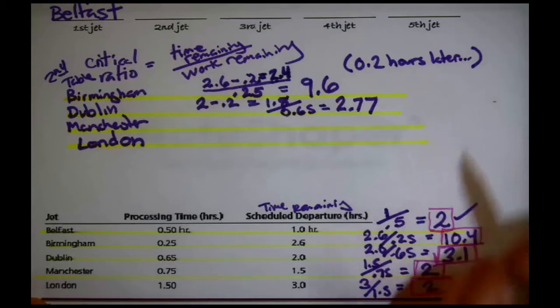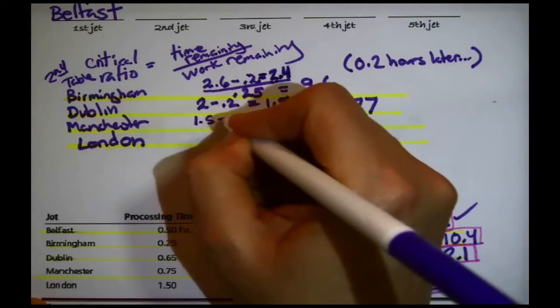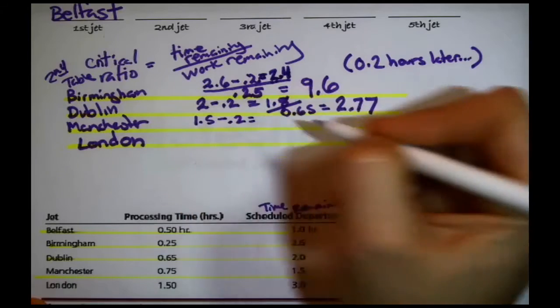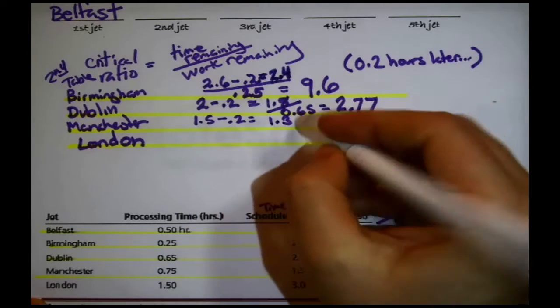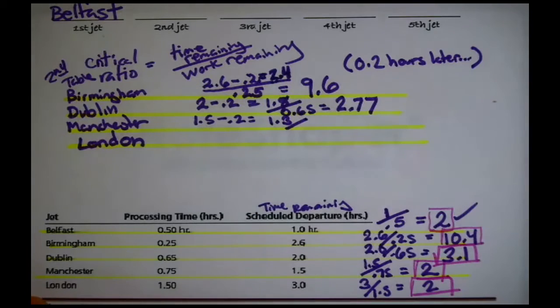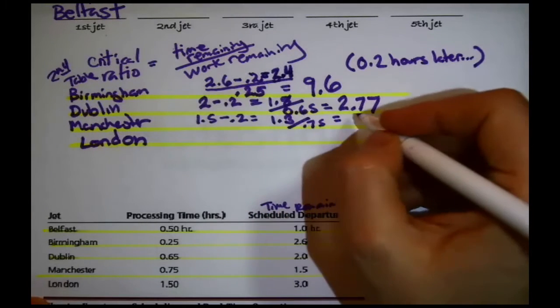Manchester, the original departure was in an hour and a half, but now minus 0.2. It is a little while later, which means it's 1.3 hours until Manchester has to depart. Manchester, same old processing time, 0.75. Updated rule, 1.73.